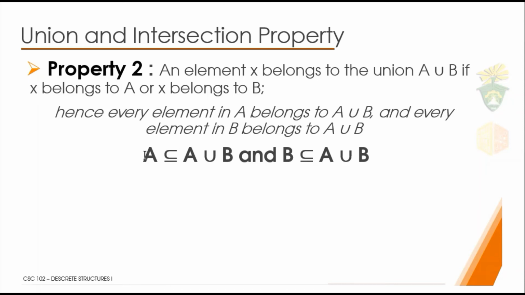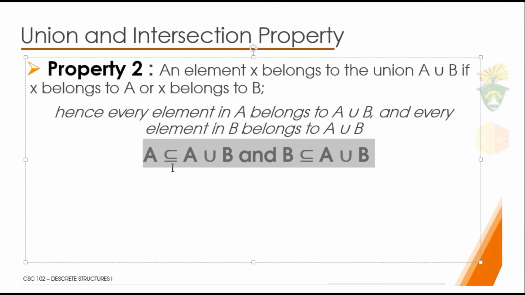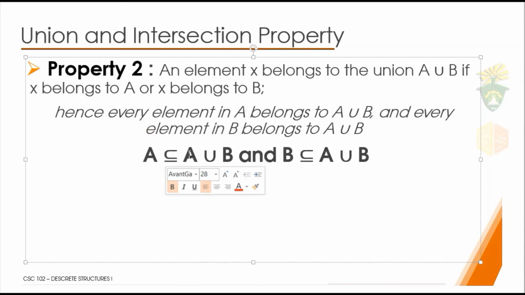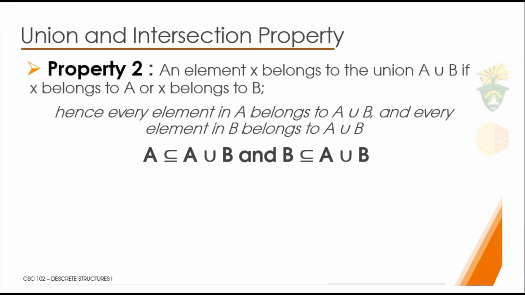So if we write this formally, we have this equation. So A is a subset of A union B and B is a subset of A union B. Okay?